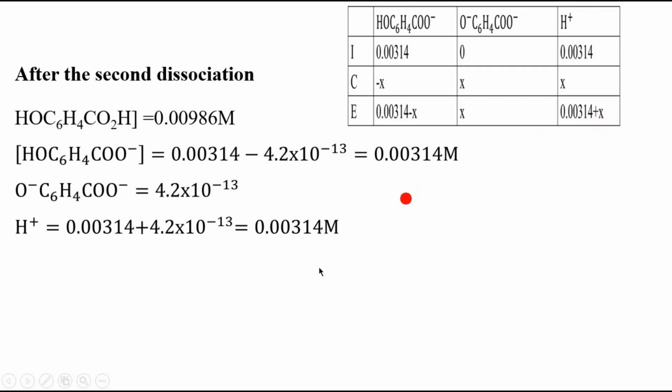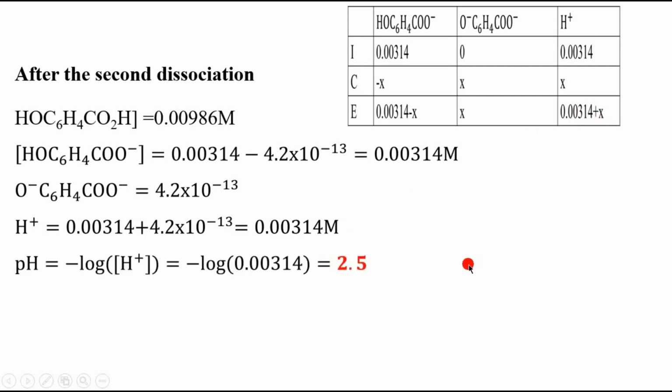Then to calculate the pH, we take the total hydrogen. The pH will be equal to negative log of H plus, the total hydrogen, which is negative log of 0.00315. You get a pH of 2.5.